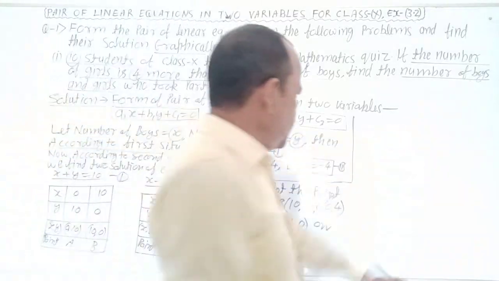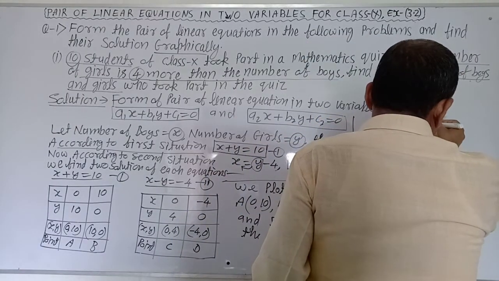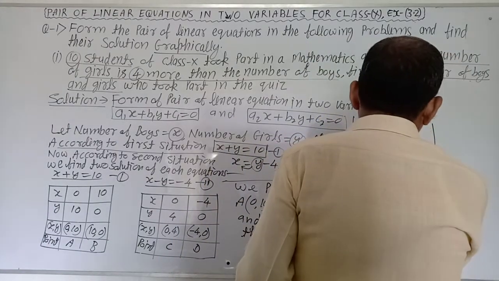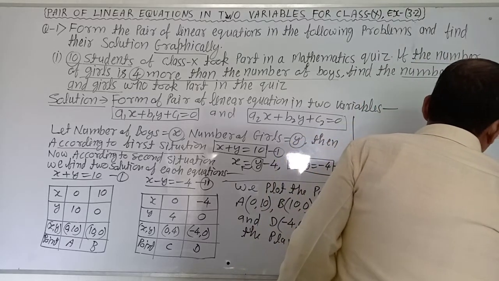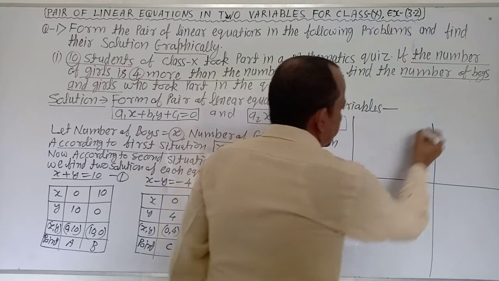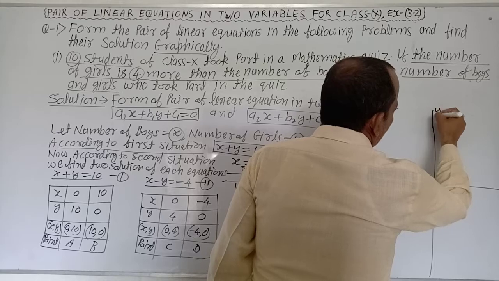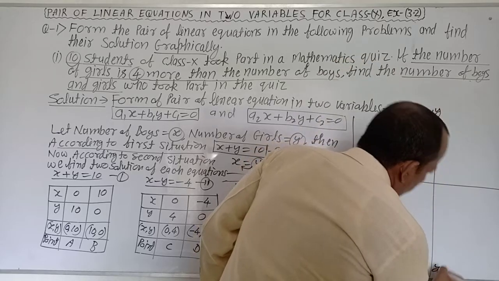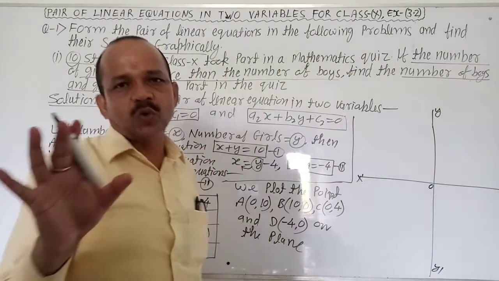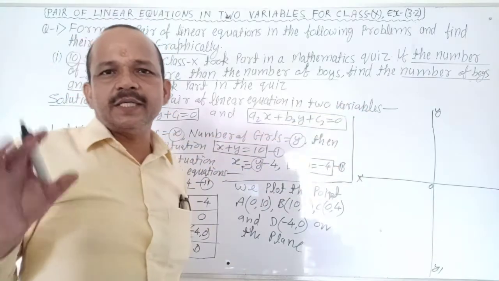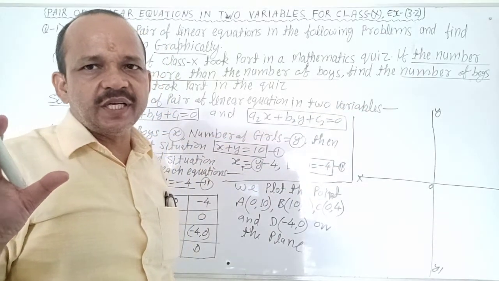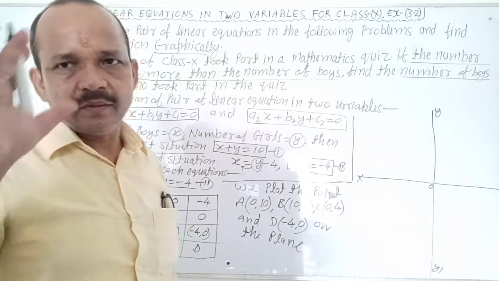Here it is the Cartesian plane. X-axis, x dash, here y, and here y dash. It is the origin. Cartesian plane is clear? Very good.